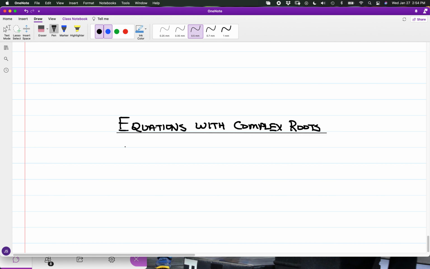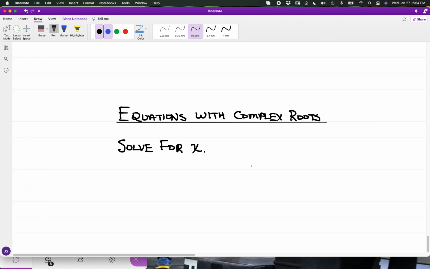Now, when we were looking at solving for a variable along with linear equations, we had the categories like conditional, contradiction, identity, and then we crossed over to solving quadratic equations. Among our techniques, we had the zero product property, as well as the square root property of equality, as well as the quadratic formula.